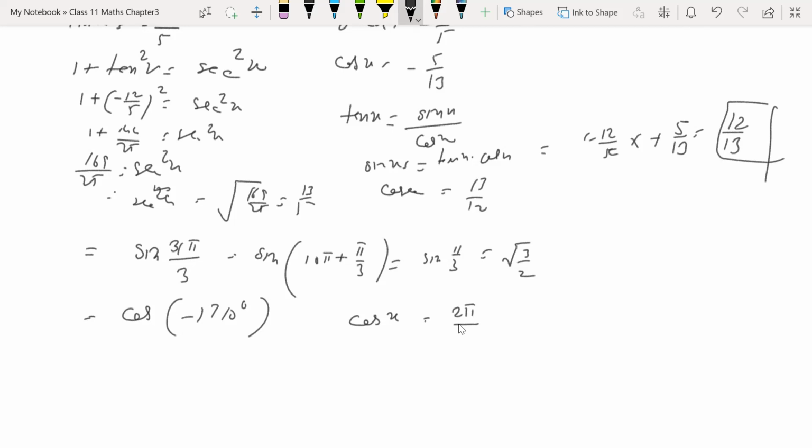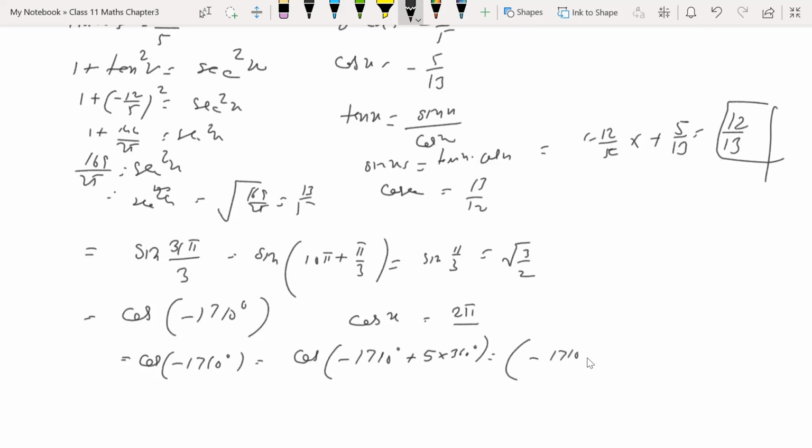Cos of minus 1710 degree is equal to cos of minus 1710 degree plus 5 into 360 degree, that is 1800.